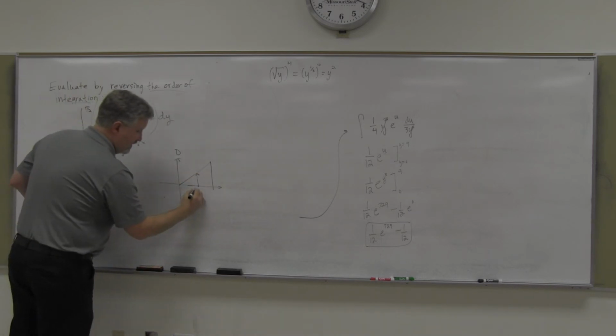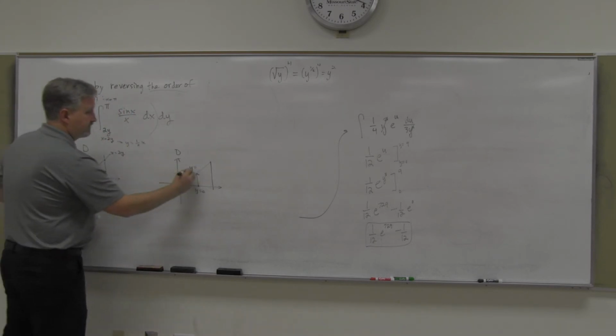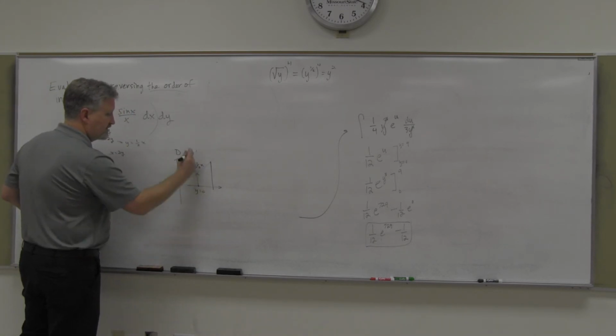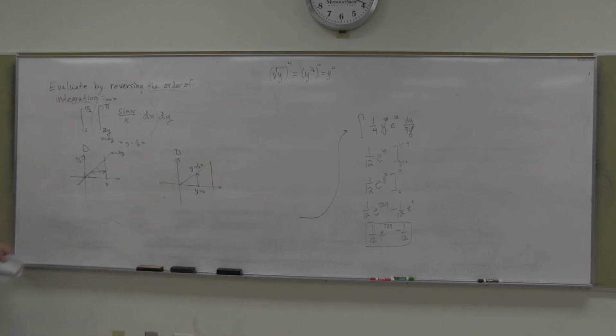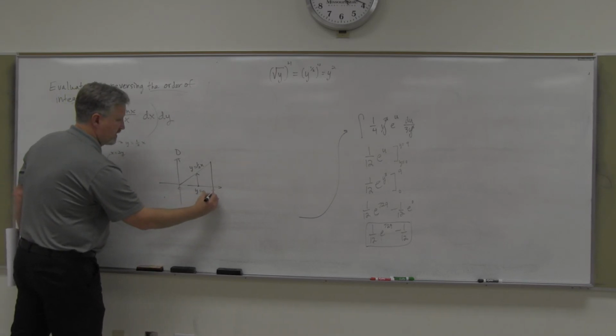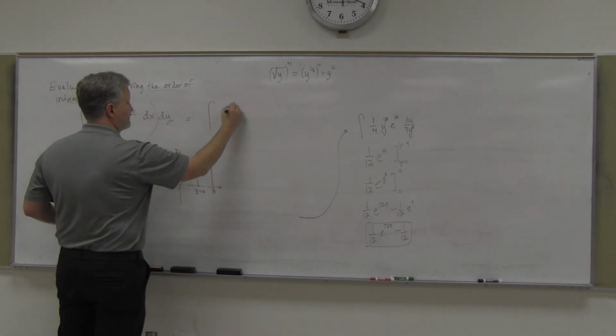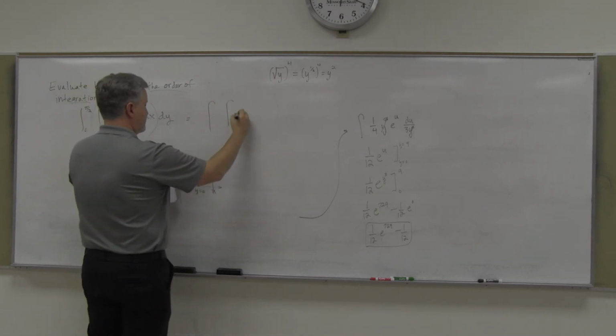Well, this is easy. That's y equals 0, and then this is, we already said, 1/2 x. So the y's are going to run from 0 to 1/2 x first. And then the x's would go from 0 out to pi. Easy enough. So do the y's first, going from 0 to 1/2 x.